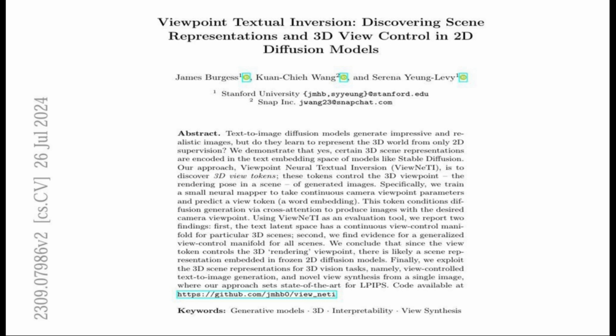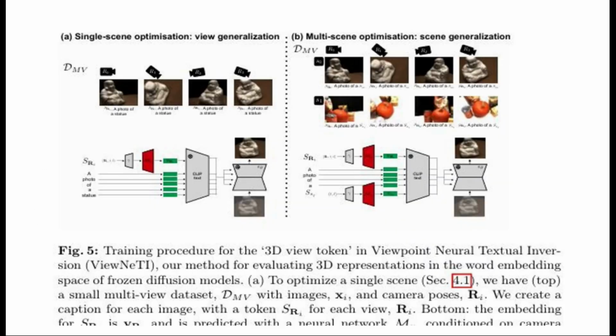This research introduced ViewNeTI. Let me just specify like that. Okay, so Viewpoint Neural Textual Inversion. That is the exact abbreviation for that. A method that controls the camera angle of generated images, allowing AI to synthesize novel views of an object, even if trained only on 2D images.